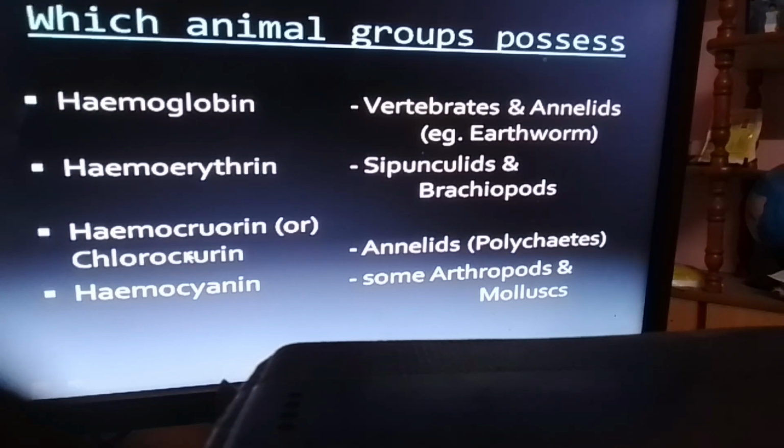And in this list for chlorocruorin, I have left out the letter O. So please read it with the O, chlorocruorin. Sorry for the spelling mistake.